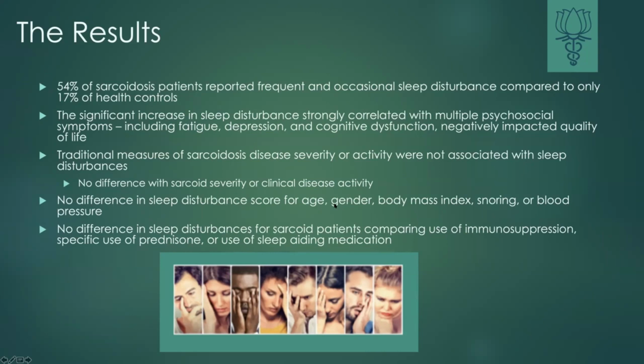There was also no difference in the sleep disturbance score for how old the patient was, the sex of the patient, whether the patient had a higher body mass index, whether the patient snored, or if the patient had blood pressure differences. And also there was no difference noted when it came to whether a sarcoid patient was using immunosuppression with prednisone, or using sleep aid medication.